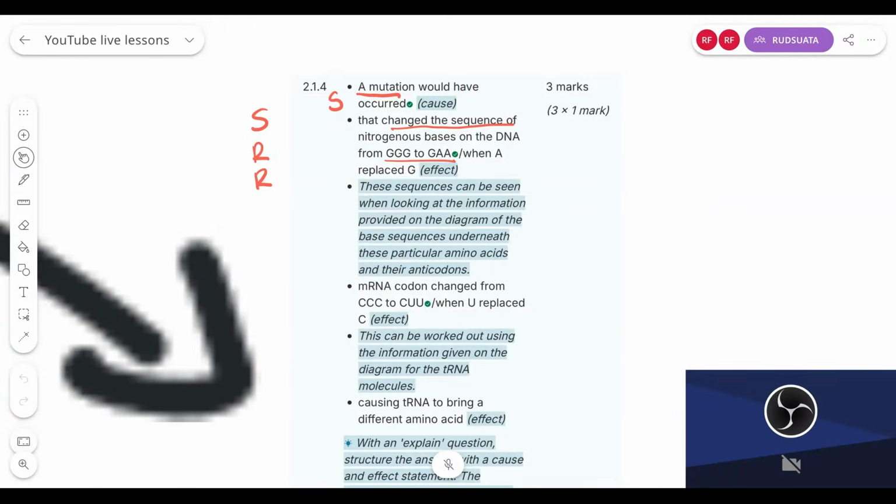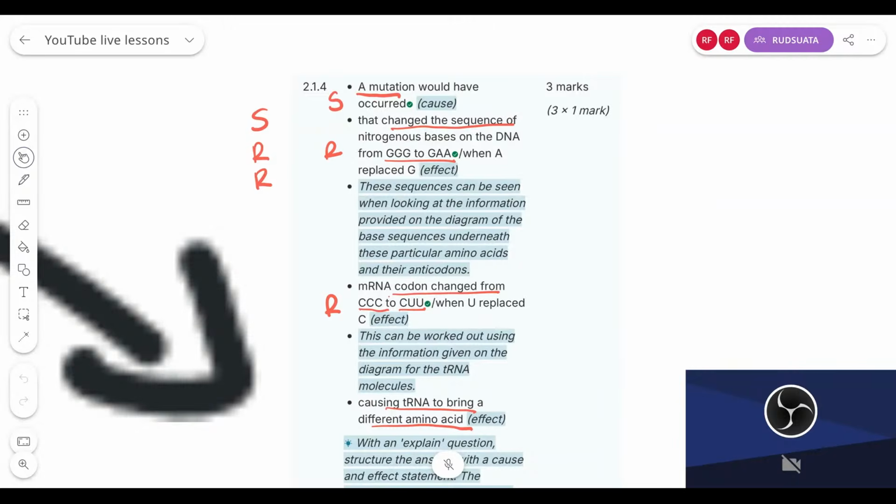You could also then say the codon changed from CCC to CUU. And finally, you could say a third option, because remember, we've got options here, causing the tRNA to bring a different amino acid. And so what we've got to emphasize here are our statements and our reasons.